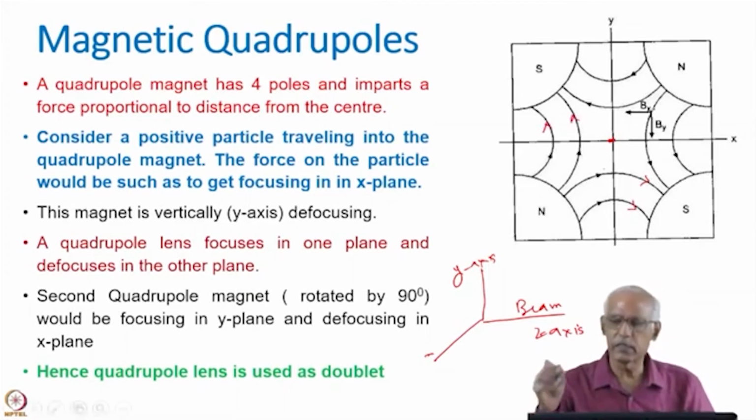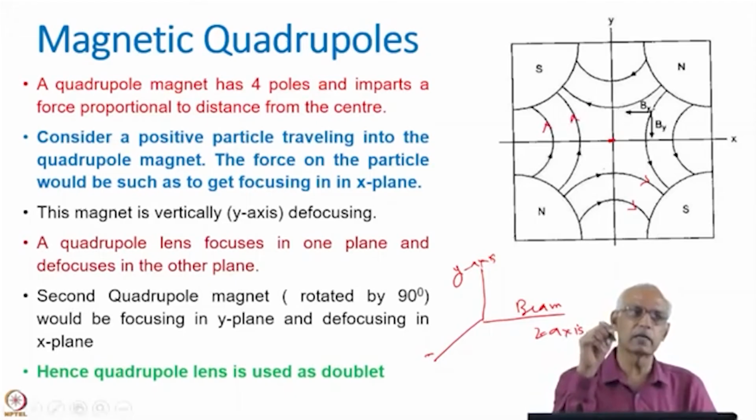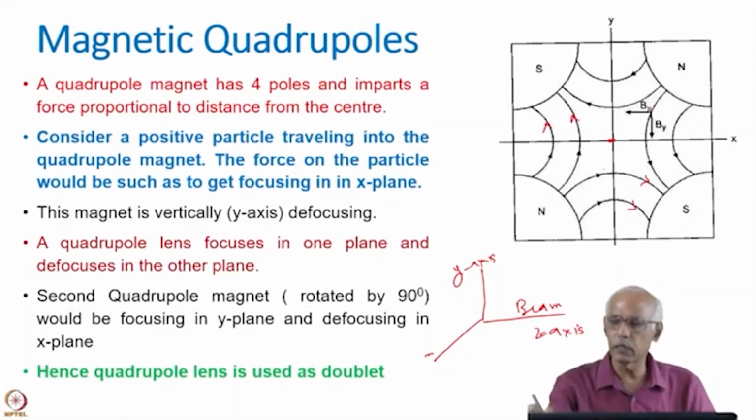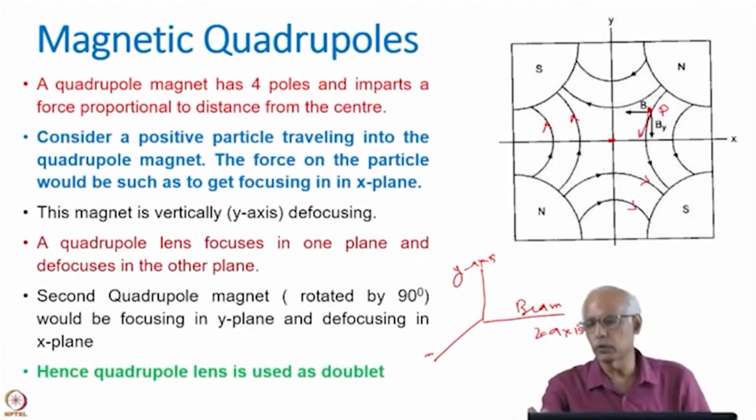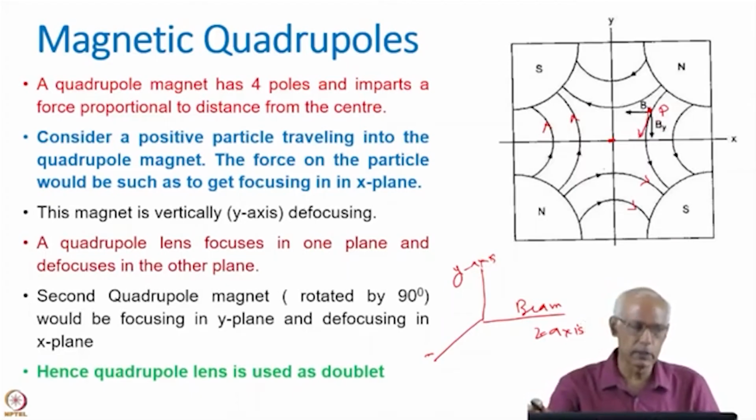If a particle beam is slightly defocused, and a particle is falling on this point P, then it will see the magnetic field B, which is perpendicular to this, and it will have two components, By and Bx, which are responsible for focusing and defocusing. In the next slide you will see, through analysis, that it focuses in one plane and defocuses in the other.